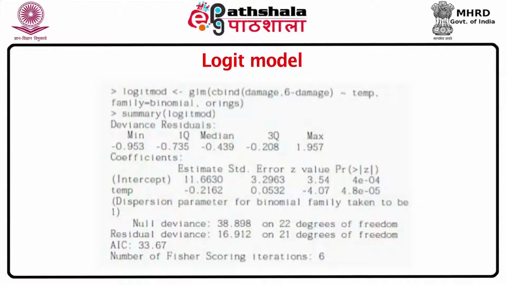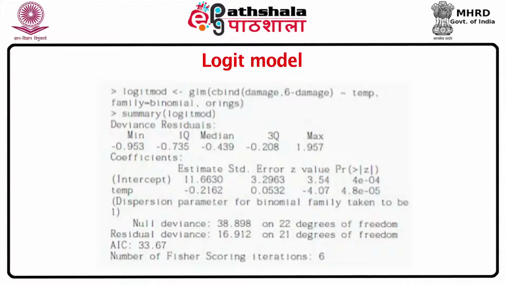So the number of successes and the number of failures. It is regressed on temperature. A new part of this code is family equal to binomial. And I'm using the dataset O-rings.